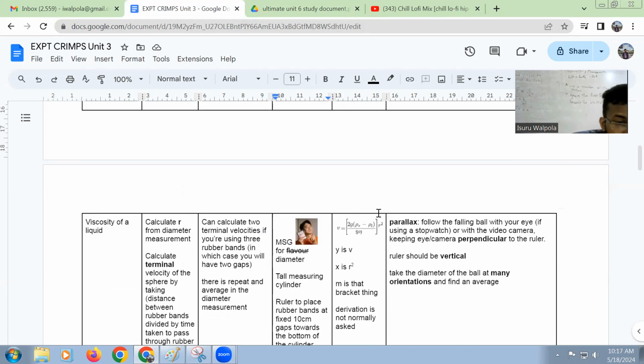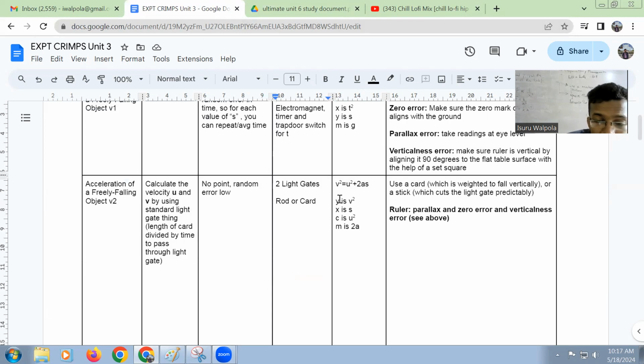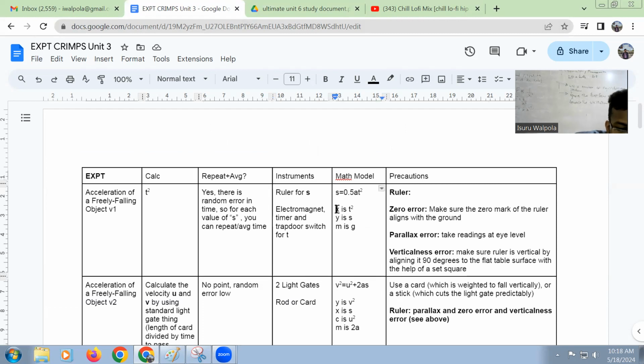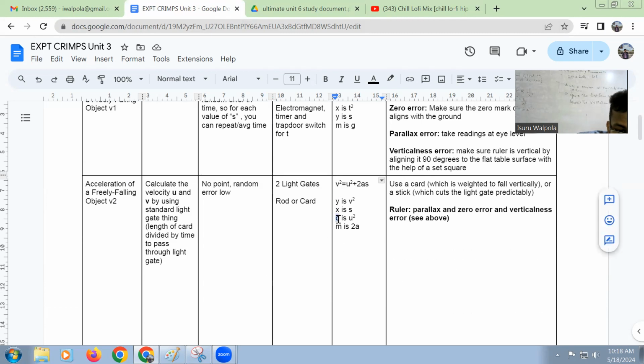In each experiment, I have given some sample x and y and gradient and intercept values. Those are standard. y is the dependent variable, x is the independent variable, m is the gradient, and c is the y-intercept.